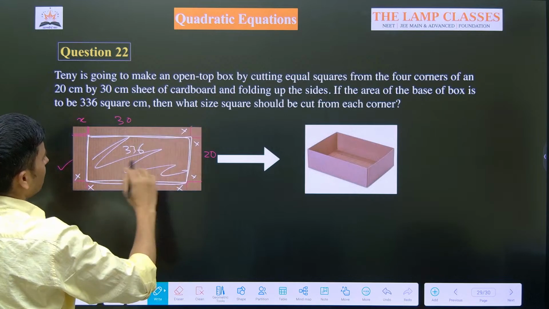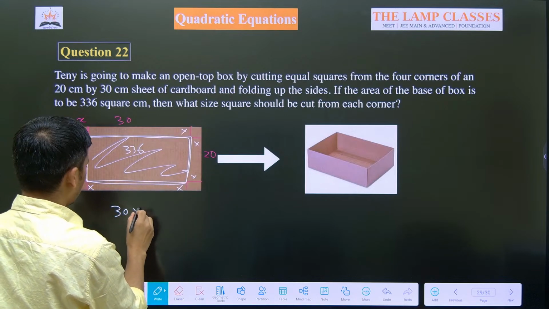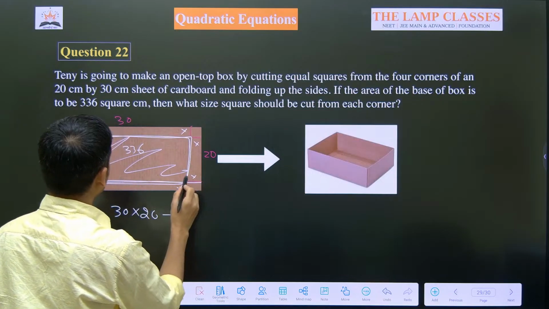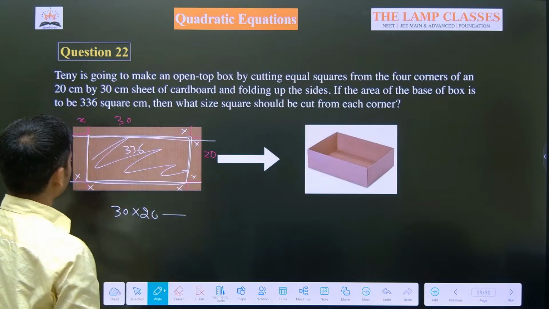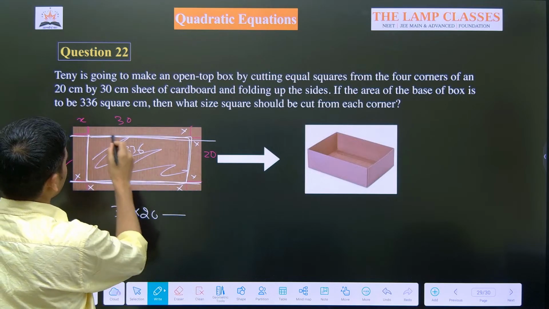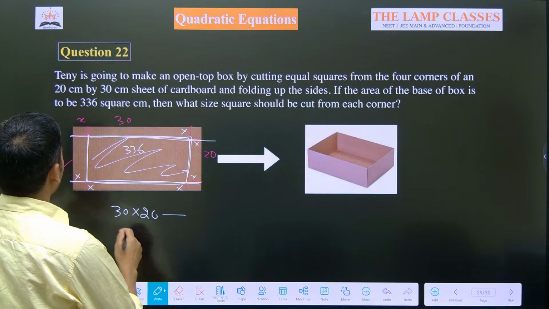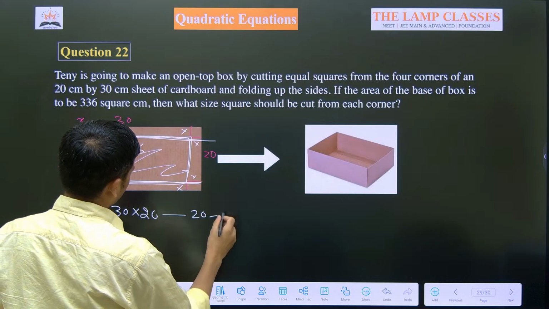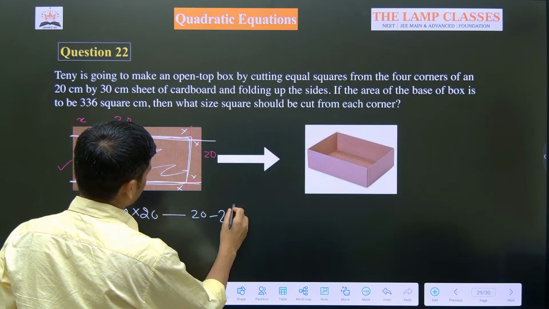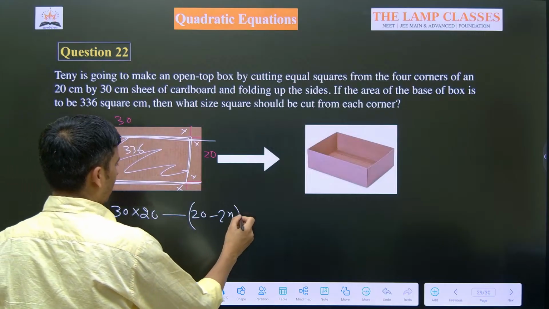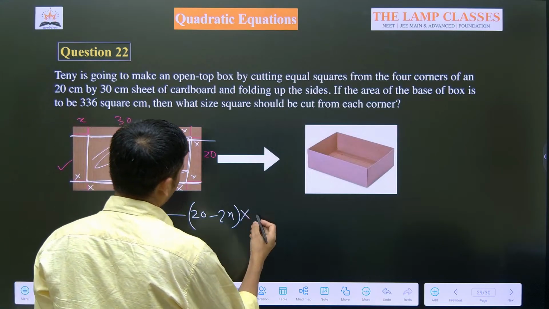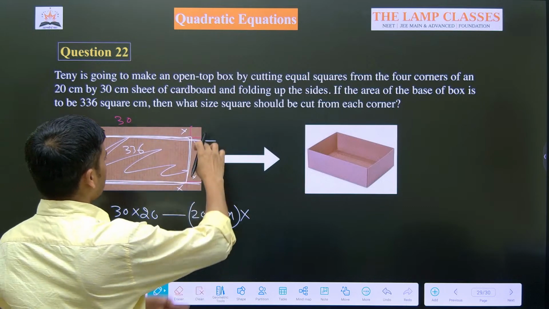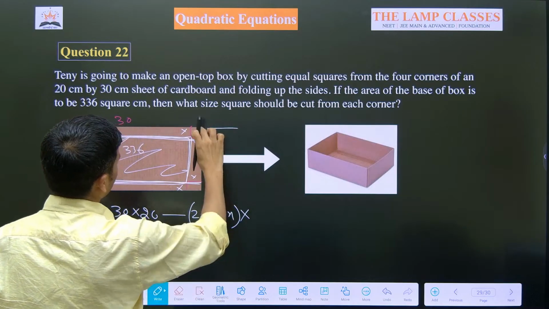Now that area will be total area 30 into 20, minus, let's remove this area plus this area. So this area and this area will be equal only, right? The upper part, and that will be 20 minus 2x into x. Does it make sense? 20 is the total length, minus 2x.